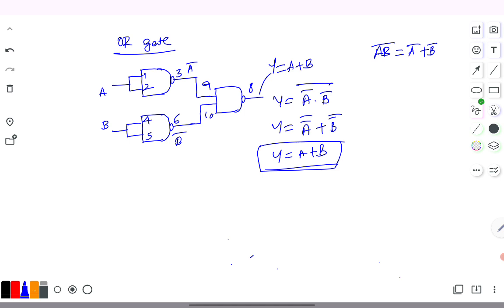Next, NOR gate. Simply for this gate only, the output of it, connect one NAND gate.